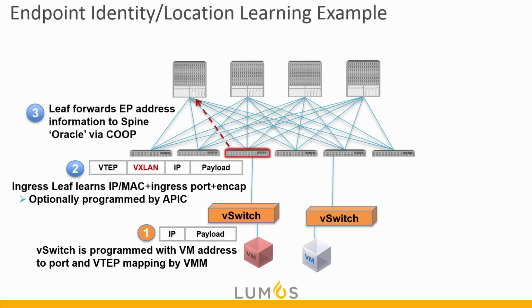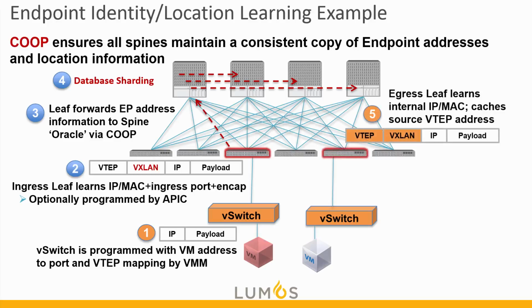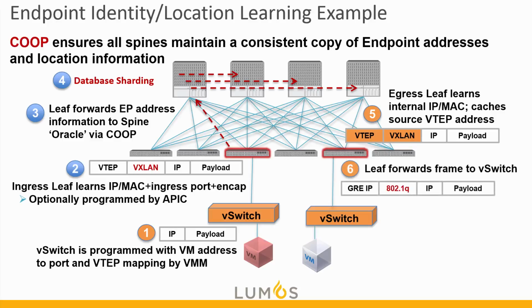The database sharding occurs so that every spine has a consistent copy of the proxy table. And then the egress leaf is going to learn of that internal IP and MAC, and it's going to cache the source VTEP address in its global station table. Then the leaf is going to forward the frame to the switch and it will be transmitted to the VM.